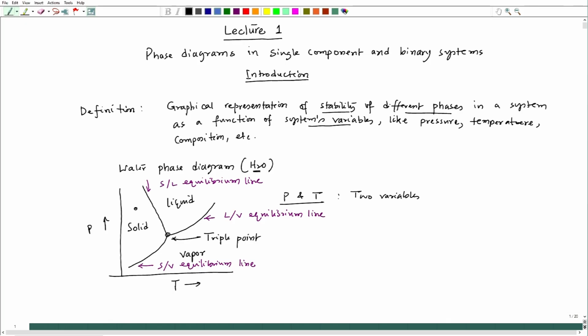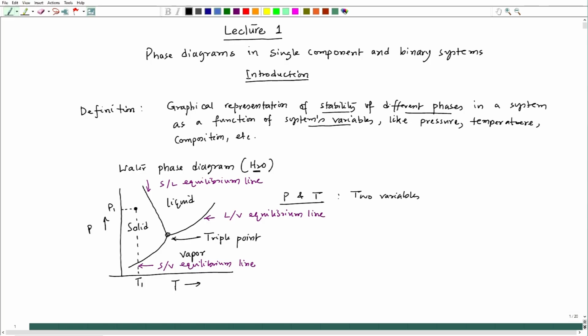Okay. So, this particular point I can mark its coordinate. This one is the pressure P1, let us say this one is the temperature, T1. Now, if I fix those two, pressure and temperature, we mark the coordinate of that point.